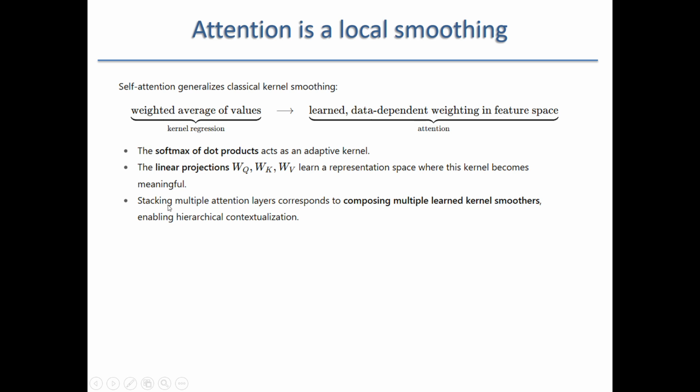And the stacking of multiple attention layers corresponds to the following: if I do one attention layer and then it is followed by another attention layer, that means composing multiple learned kernel smoothers. So it is a kind of hierarchical regression. We do that regression on the output of another regression, and we do the regression on the output of the next regression, and so on.